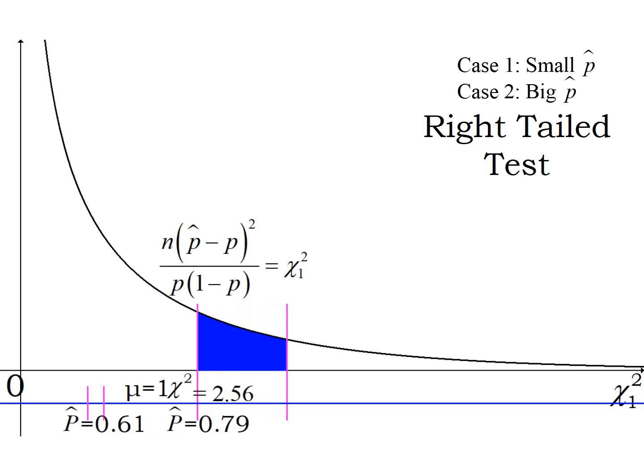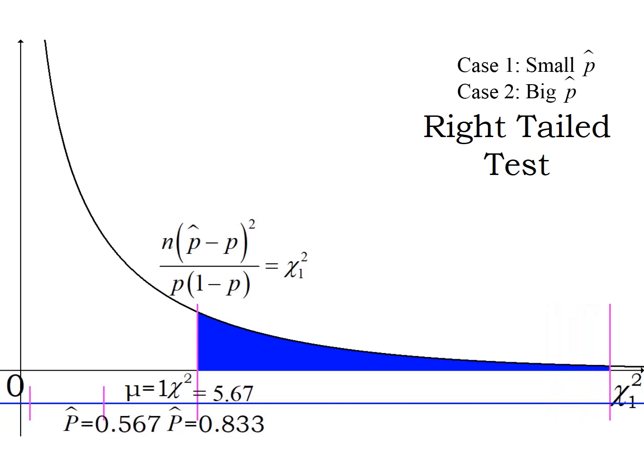What happens to the chi-squared score when we had a small p-hat? And what happened to the chi-squared score when we had a big p-hat? And in both scenarios, the farther p-hat got away from 0.7 in either direction, the bigger the chi-squared scores get. Which means our p-value is the area to the right of our test statistic. So this is a right-tailed test.